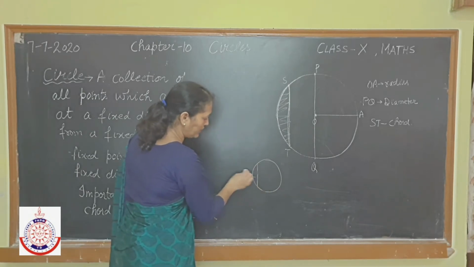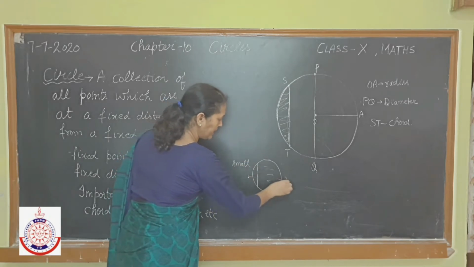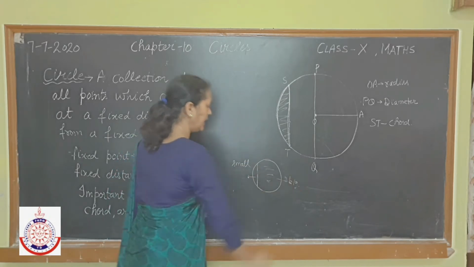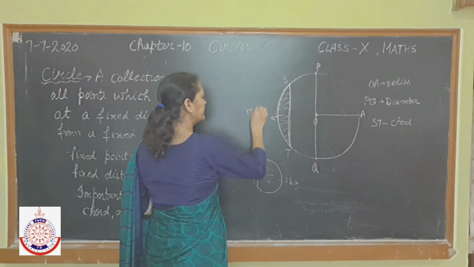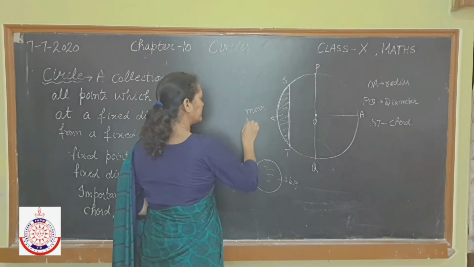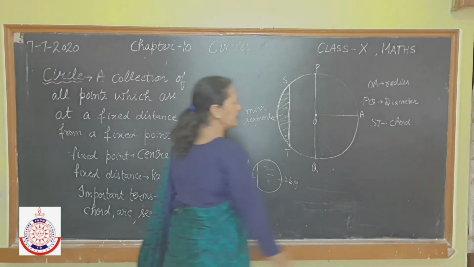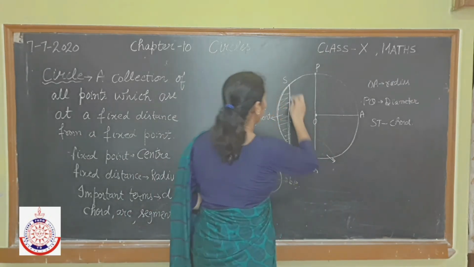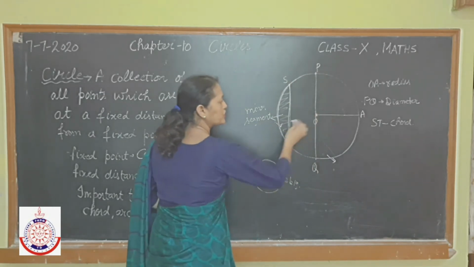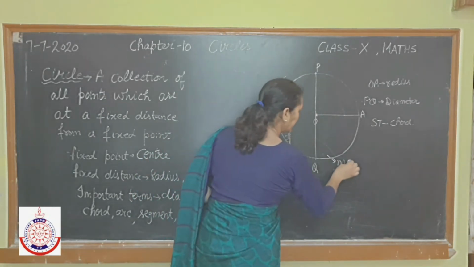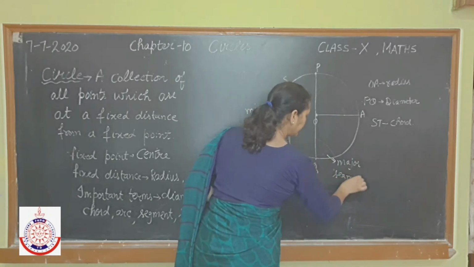This one is the smaller, small part, and this one is the bigger part. The smaller part is called minor segment and the bigger part is called major segment. If you move from S to T on this side, whatever portion is being enclosed, this is major segment, the bigger part. Segment means part.